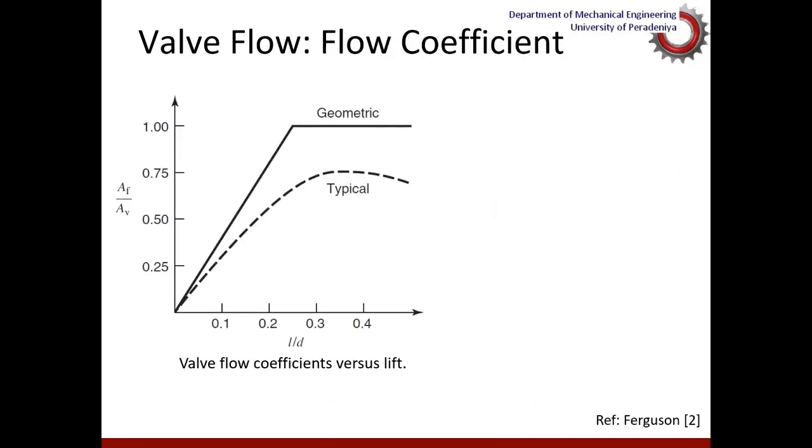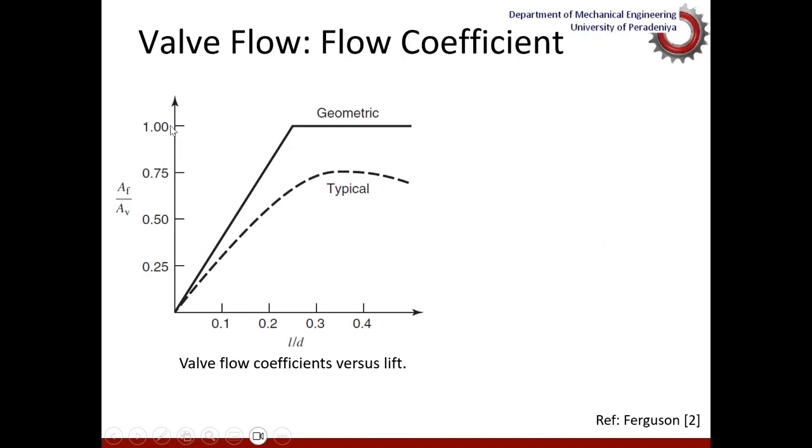Now, this diagram shows the valve flow coefficients versus the lift. In fact, the L over D ratio is considered here on the x-axis, and on this axis, the ratio of AF over AV, that is the ratio between the coefficients.